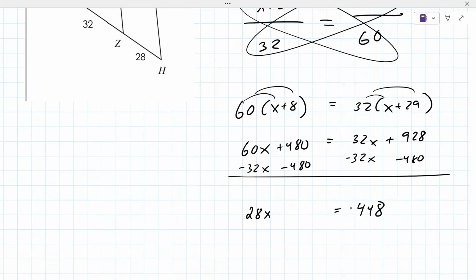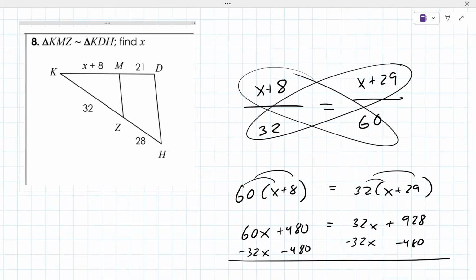Then we gotta divide by 28. X equals 16. You got it. Now, this one says to find x, so we're officially done with that. But sometimes you have to look to see if there's more to do.